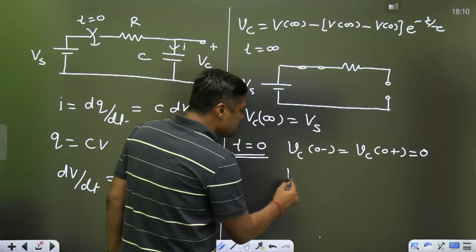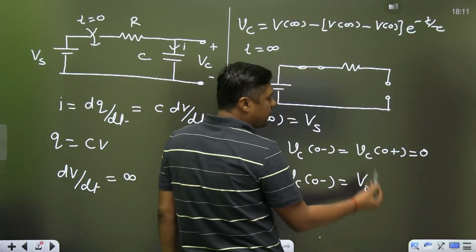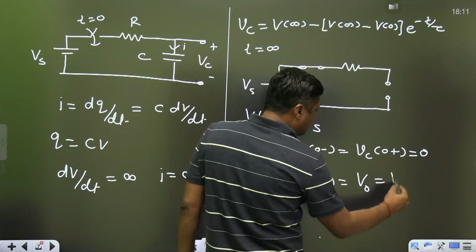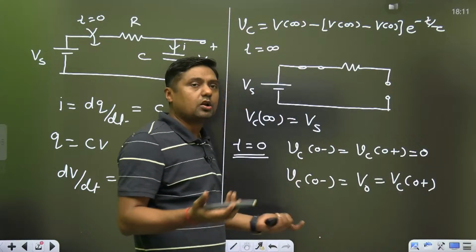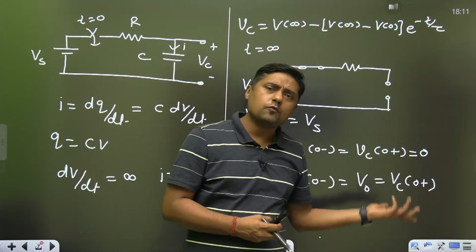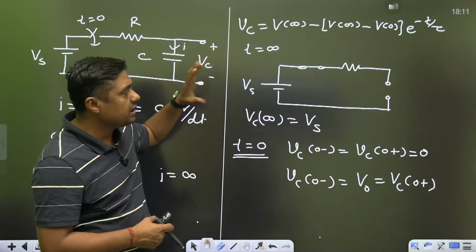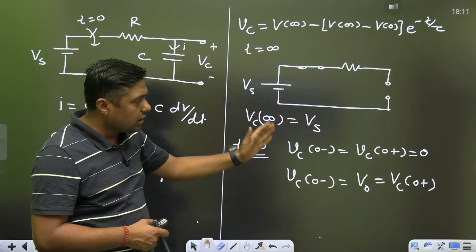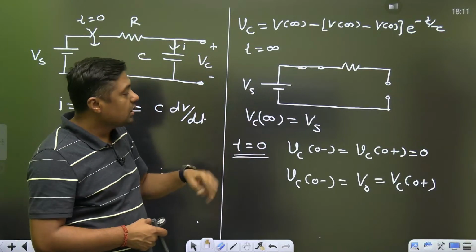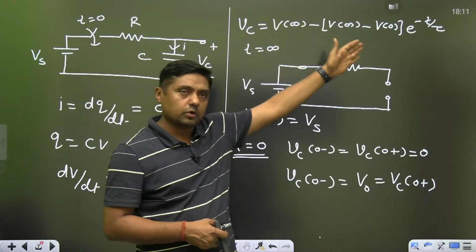So what is the Vc(0+)? If it is any value V0, like V0 is 5 volt, then it will remain 5 volt after switching. Why? Because capacitor does not allow sudden change of voltage. Now finally, at infinity it will act as an open circuit. Under steady state it will act as an open circuit. Initially it does not allow sudden change of voltage. Two things. Now if you have the initial value, you have the final value, you can use this formula.